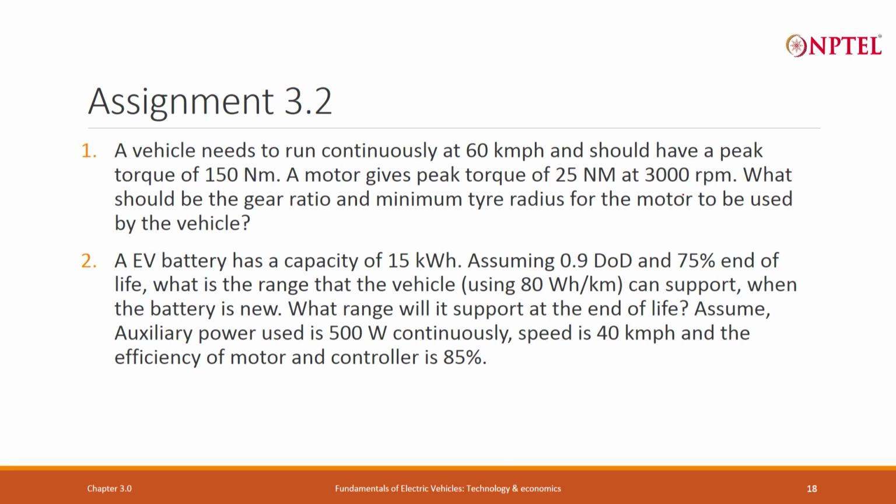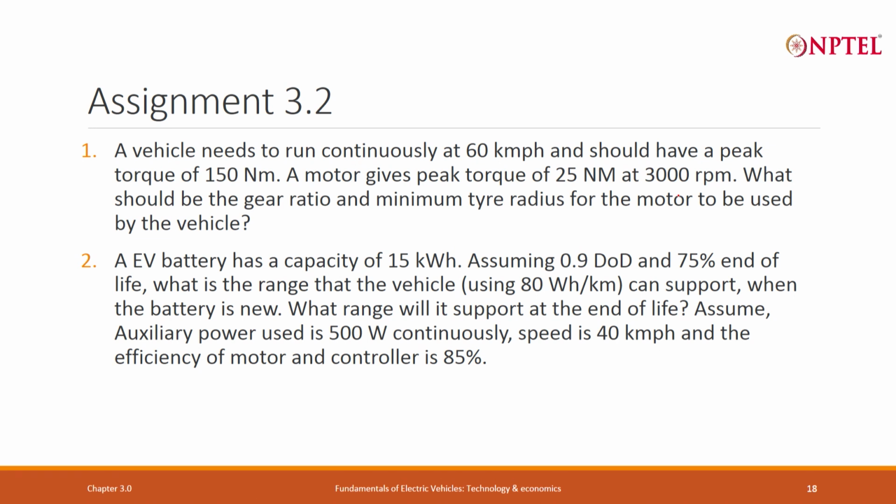So, this is assignment 3.2 that I am giving you, and these assignments will give you some good understanding. The first assignment: a vehicle needs to run continuously at 60 km per hour and have a peak torque requirement of 150 Newton meter. A motor gives a peak torque of 25 Newton meter at 3000 RPM.